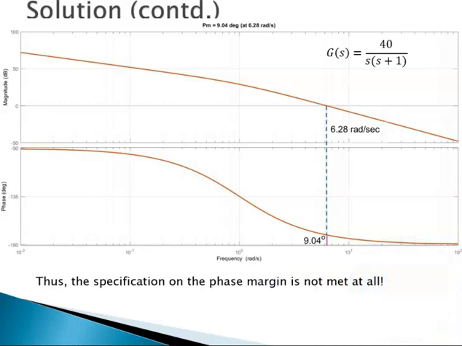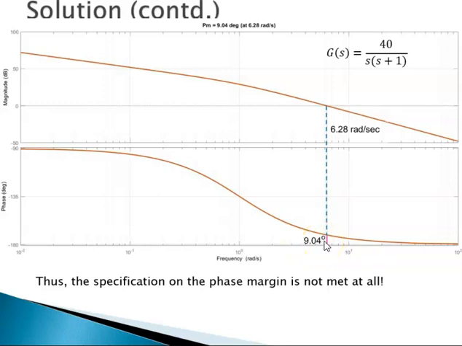Okay, in the Bode plot for this transfer function, this is the gain compensated system. G1 is 40 by s into s plus 1, 4K1 is 40, and we see that if you project this gain crossover point down and see the gap between minus 180 and that, we see 9.04.